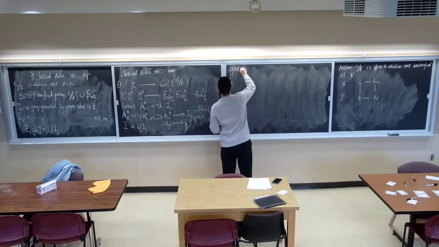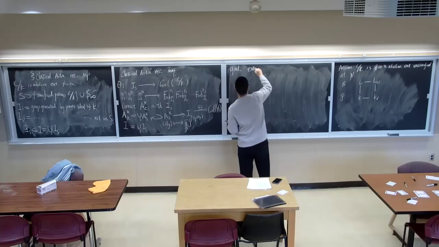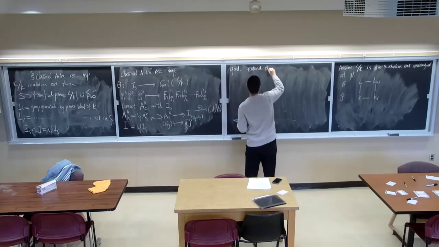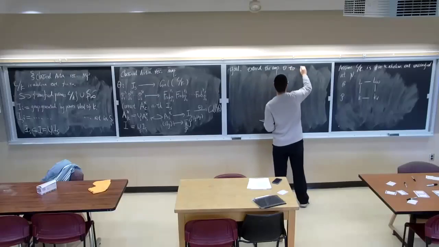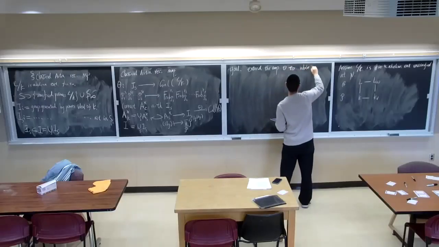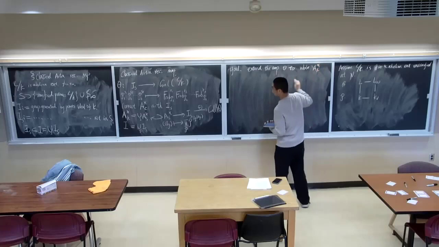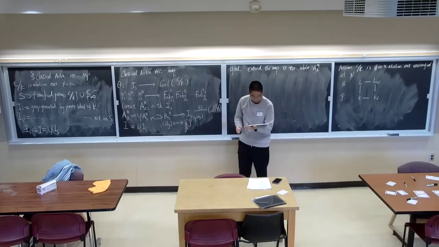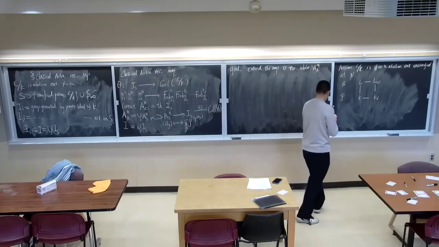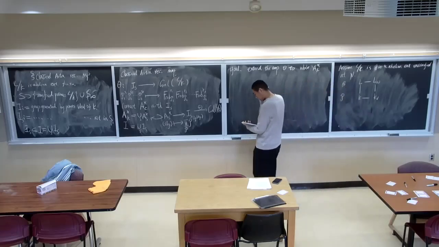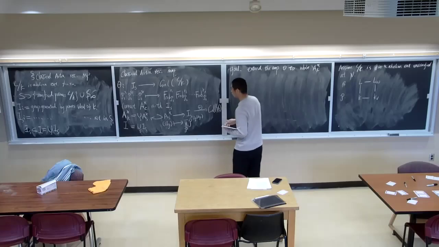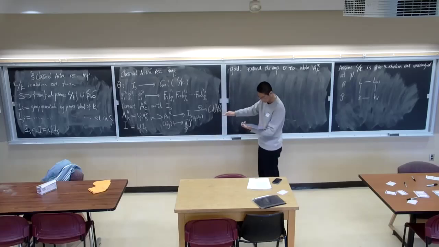So now our goal is to extend the map to the whole A_K cross. We only know how to map a subset to the Galois group, so we need to use a theorem to extend it.